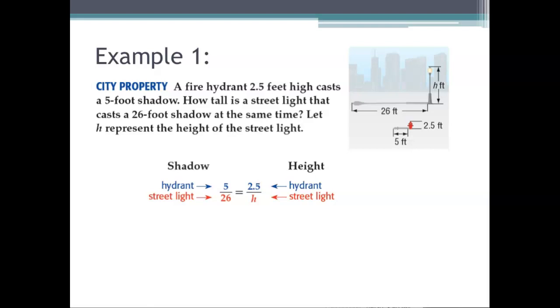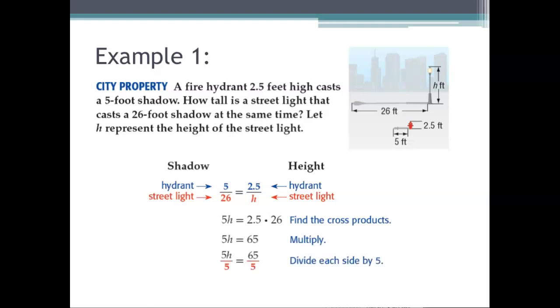The streetlight's height will go in the denominator, and because that's what we're trying to solve for, and it told us to let h represent the height of the streetlight, we're going to put h in the denominator. Now we can cross multiply. So we have 5 times h equals 2.5 times 26. And then we multiply, we get 5 times h equals 65, divide both sides by 5, and we get h equals 13. So the streetlight is 13 feet tall.